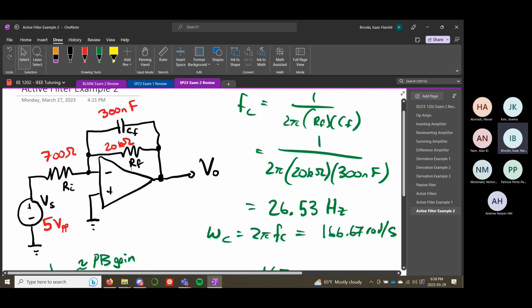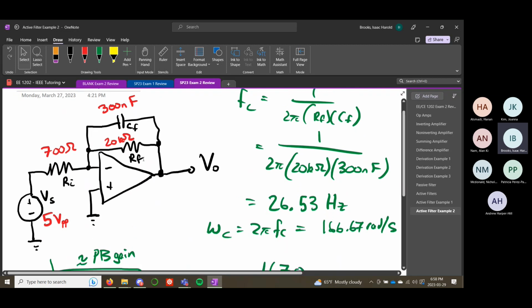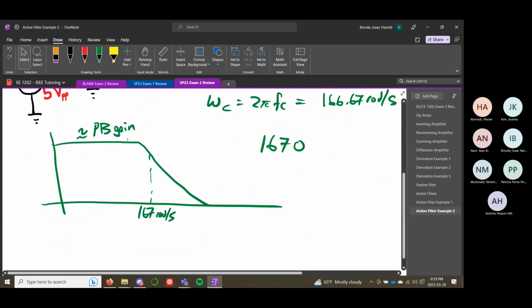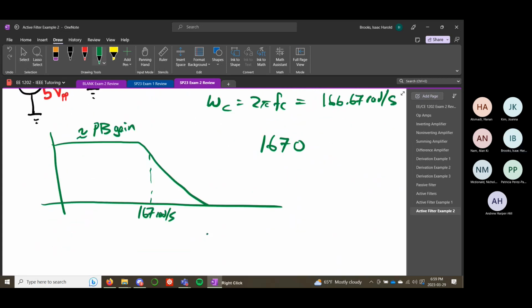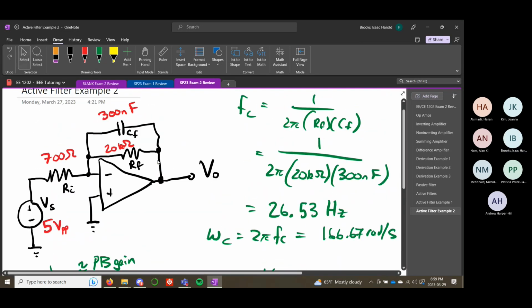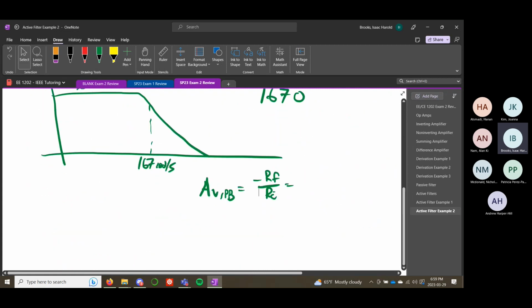So real quick, let's do that approximation. If we were to estimate our passband gain, that is negative RF over RI, which is 20K over 700.